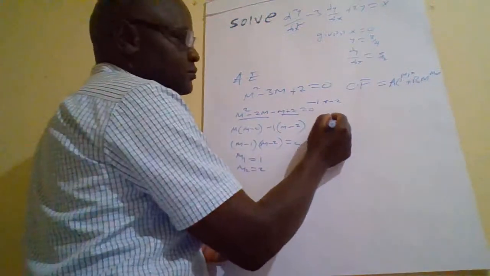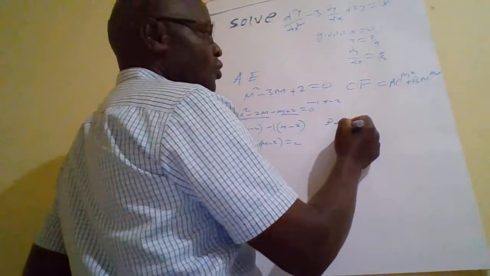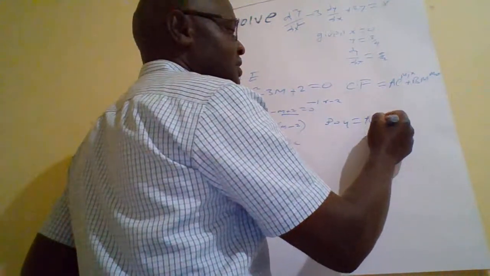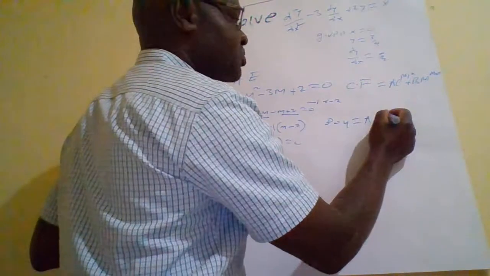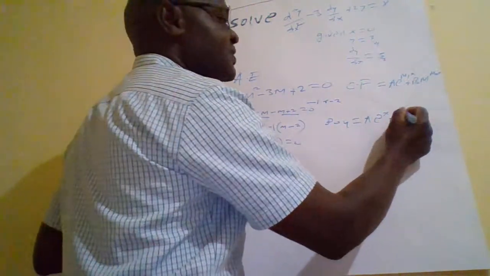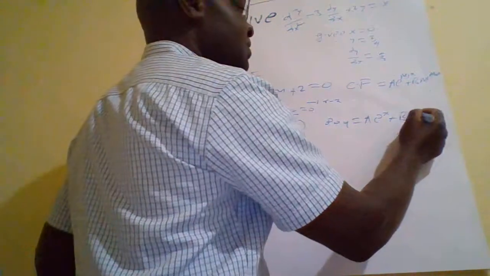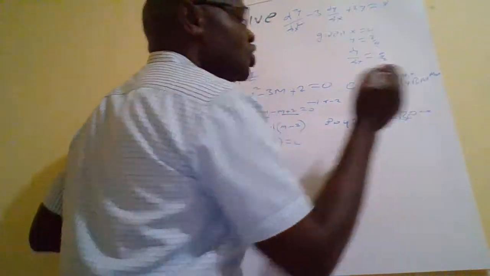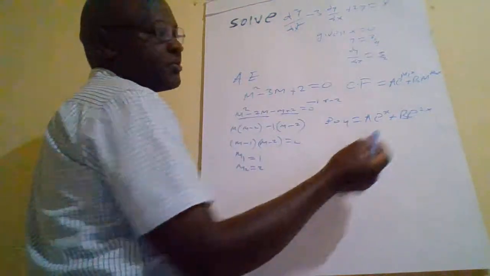Therefore, our complementary function will be y equals a e^x, since our m1 is 1, plus b e^(2x), since our m2 is 2. So this is our complementary function.